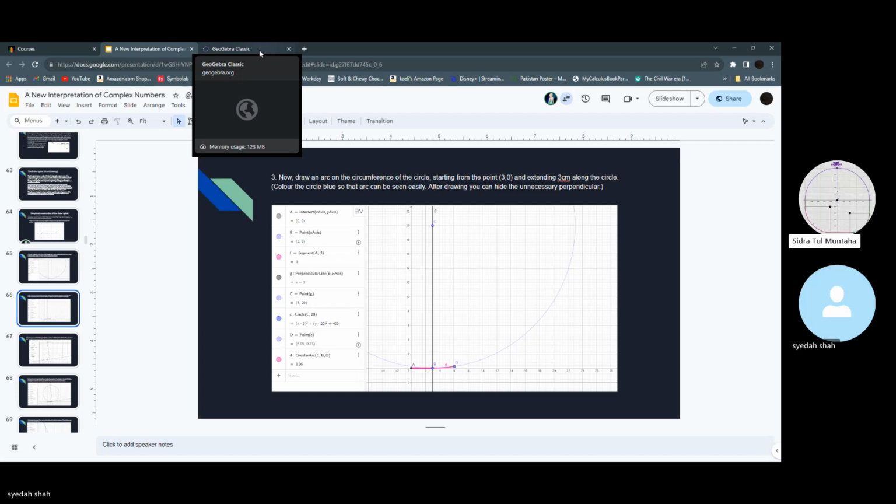Do you know what curvature is? What does curvature actually tell us? Like the degree to which something is curved.